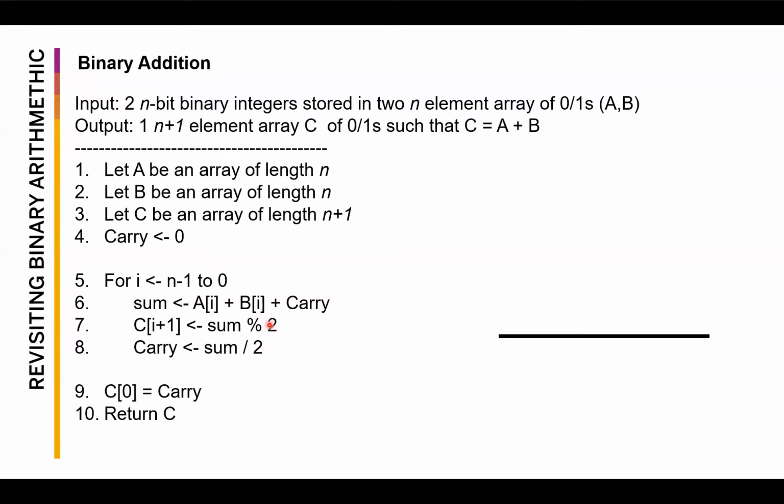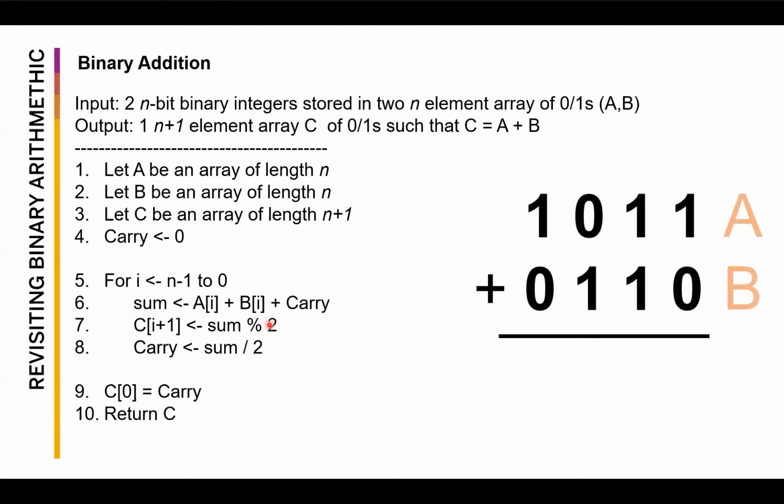Okay, in order to do that, we'll use the same example as the previous slides. We have these two numbers, 1011 and 0110, which are A and B, as our input. And for the sum, we have an array C. So let A, that's the first step.